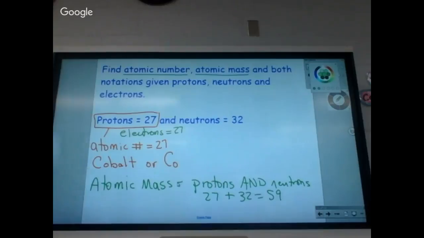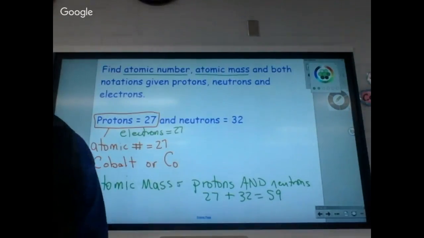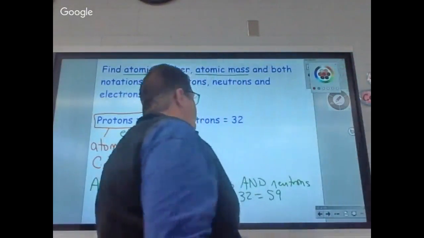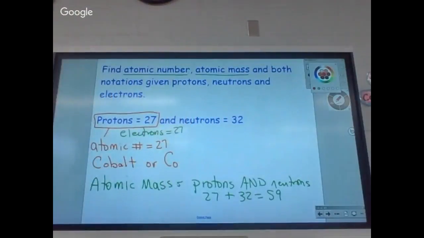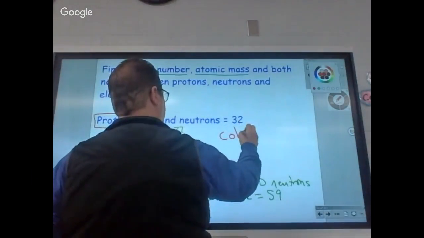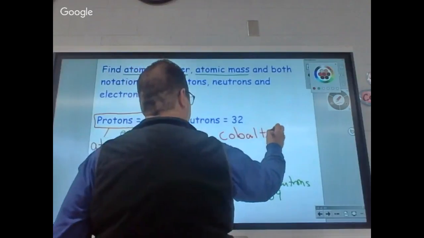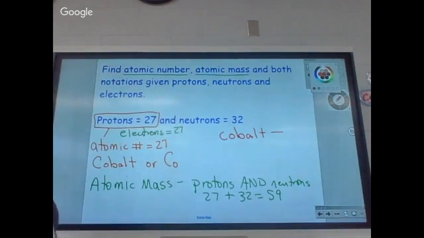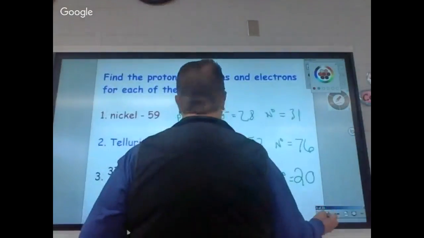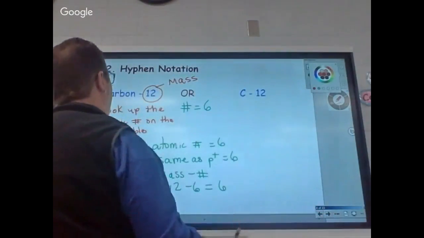All right? So, which notation do we want to write first? Since we got to do both. You want to do hyphen or you want to do the nuclear symbol? All right, hyphen. So if we do hyphen, what's the name of the element? So we write out cobalt. We put a hyphen. What came behind the hyphen?